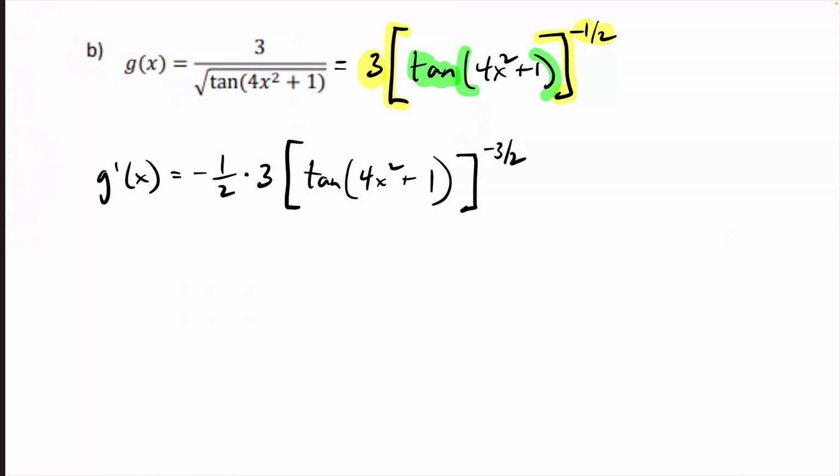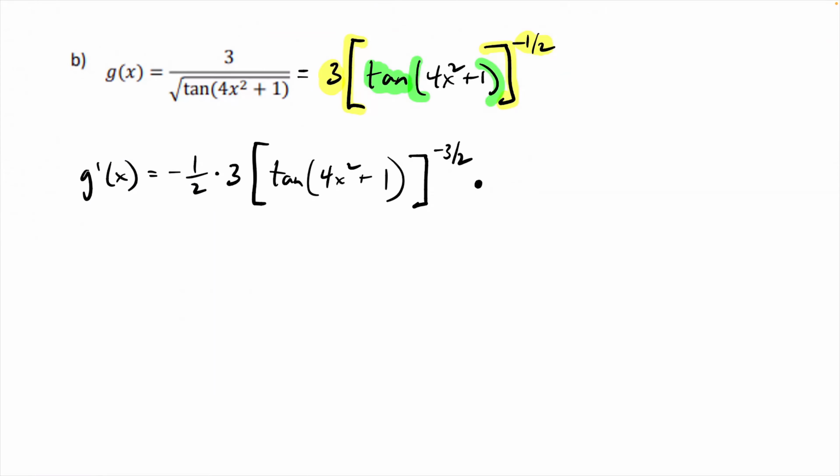All right, so let's write that in. Chain. So now we're going to chain to the first one that we did. Tangent of something means secant squared, right? So I'm going to write secant in brackets, which means secant squared.